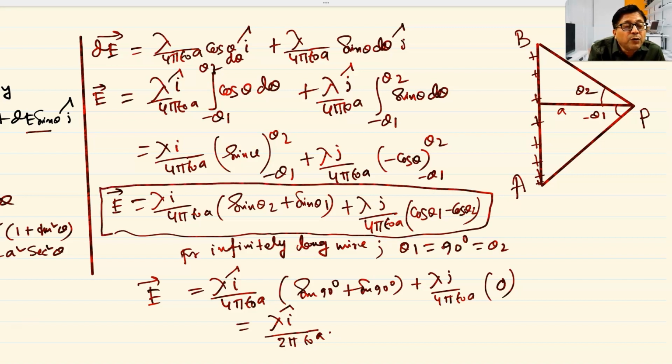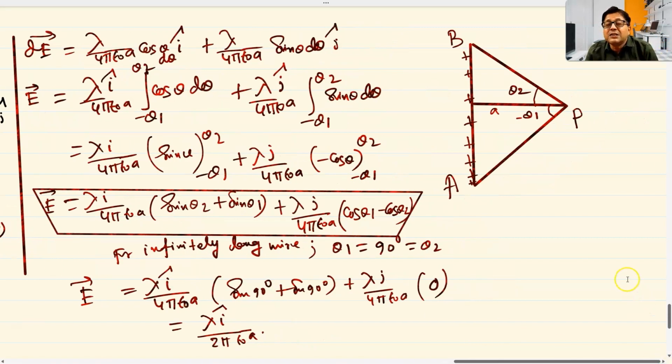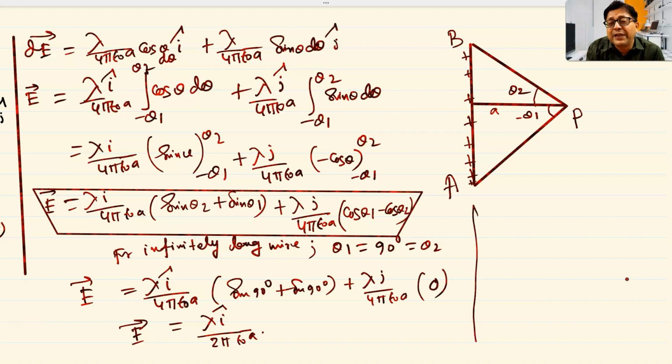For the whole length of wire, if it is infinitely long, then we put theta 1 and theta 2 as 90 degree and we get the value. Now the question is, what will be the strength of electric field at the end? This is at an arbitrary point due to an infinitely long wire at a distance a. Now, if we consider P lying here, suppose P is at one end and the wire is infinitely long, then the value of theta 1 is going to be 0, but theta 2 is 90 degree.